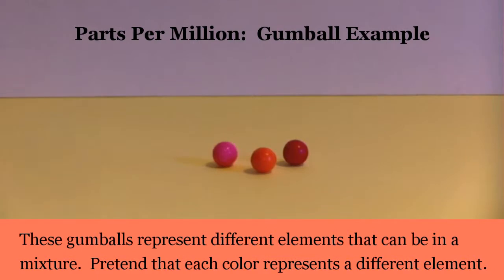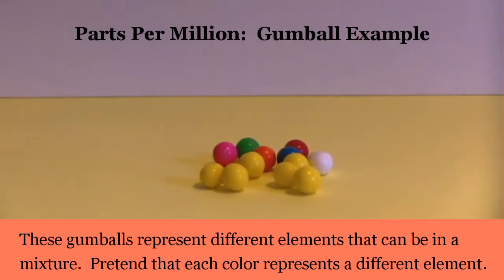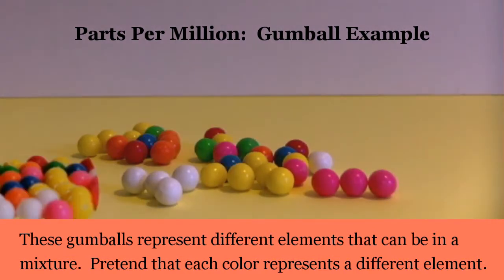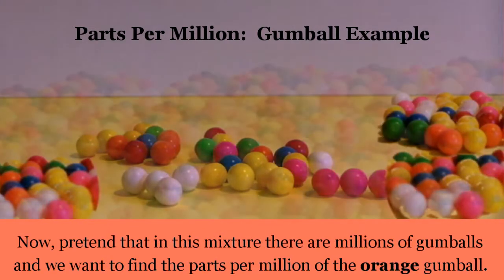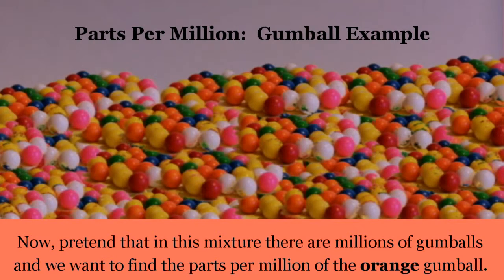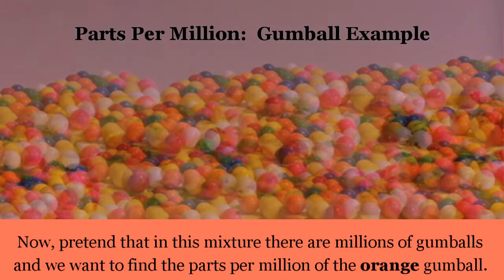Parts per million gumball example. These gumballs represent different elements that can be in a mixture. Pretend that each color represents a different element. Now, pretend that in this mixture there are millions of gumballs, and we want to find the parts per million of the orange gumball.